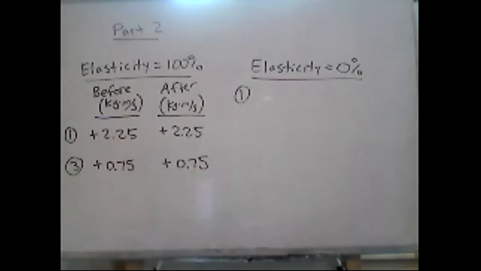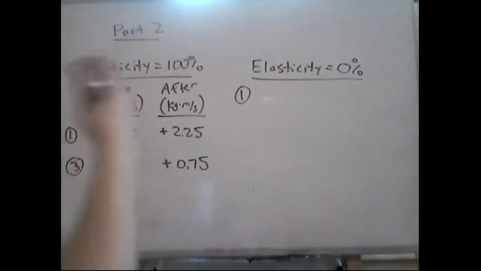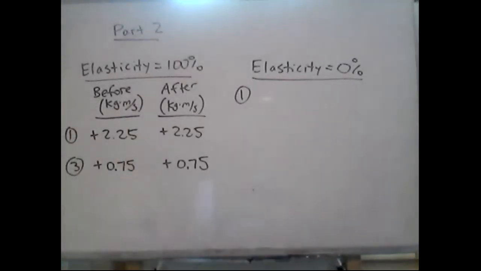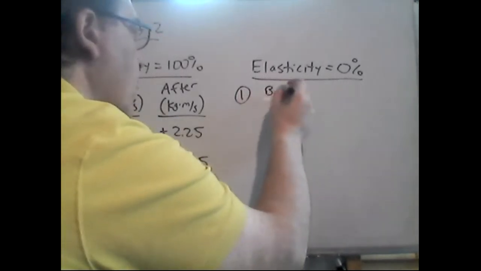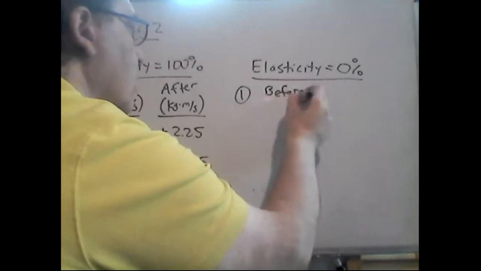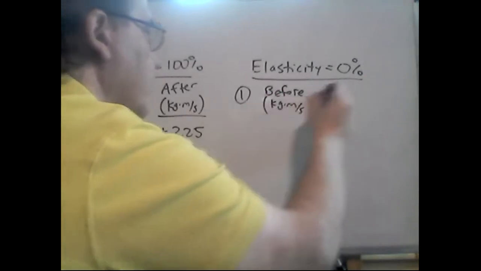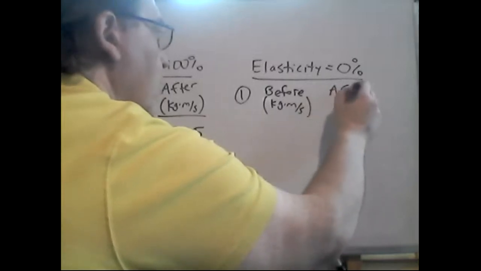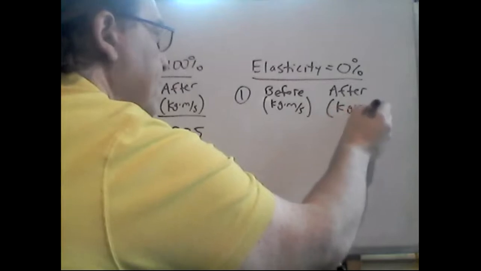For the inelastic case, what I found before, I mean, the before is going to be the same thing. It's the same setup, right? So before, kilograms meters per second, after, kilograms meters per second.